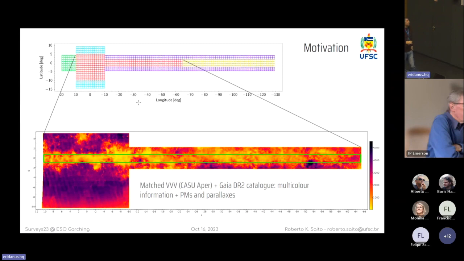But this is interesting because you can see that even here, there are some regions that are clearer. These maps match reddening maps for the same region, which I will show you later. So the idea was, instead of using just a few lines of sight, to try to do this analysis for a larger, continuous area in the inner Milky Way.